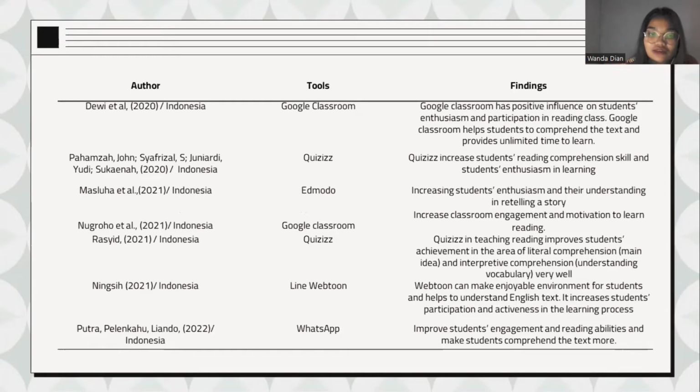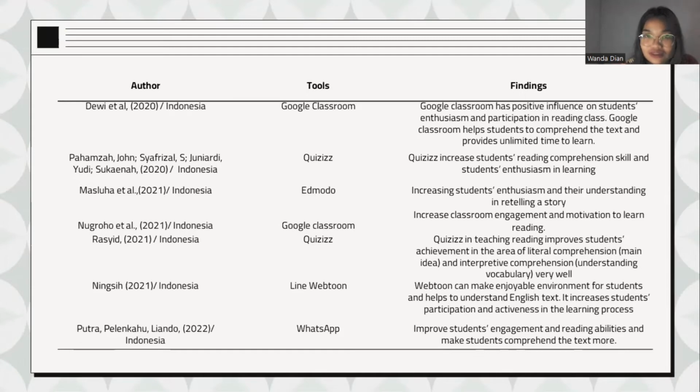The next study, conducted by Pahamza et al. 2020, examined the effect of quizzes on students' reading skill, and revealed that quizzes increase students' reading comprehension skill and students' enthusiasm in learning.